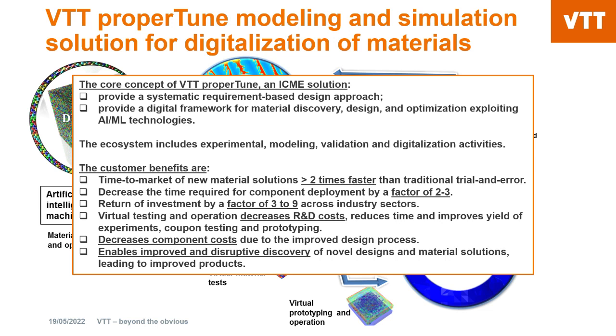Additionally, we have seen the return on investment by a factor of 3 to 9 across all industry sectors. Additionally, we also reduce the R&D costs, we decrease the component costs, and enable improved and disruptive discovery of new material solutions.